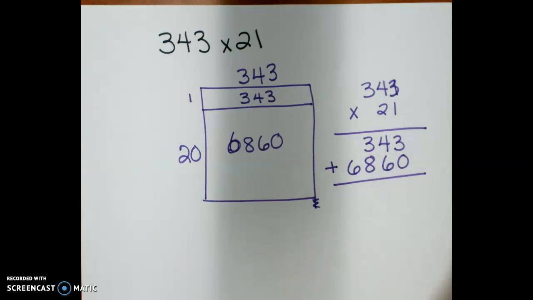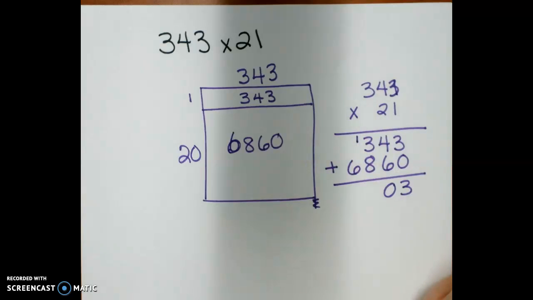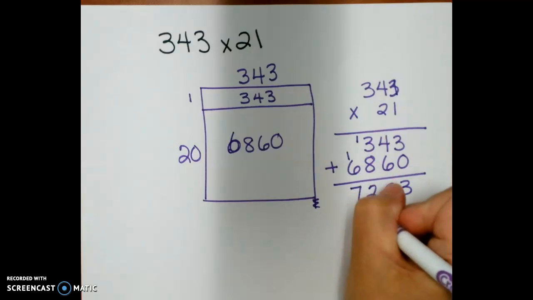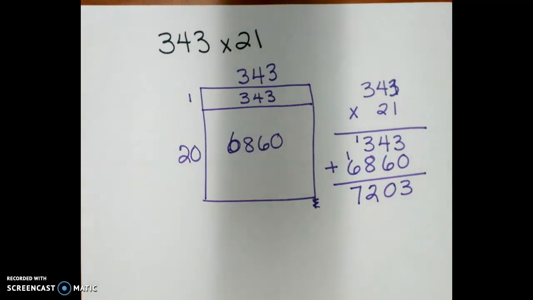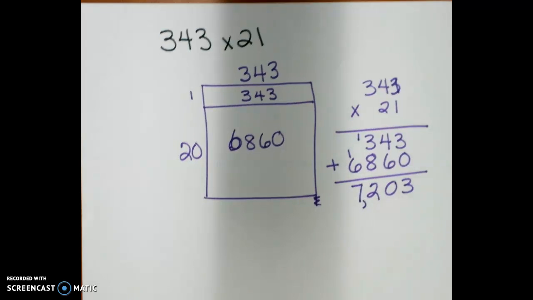And when I add the two of them together, I get 3, 0, regroup the 1. 1 plus 3 is 4. 4 plus 8 is 12. I need to regroup 1. And then 1 plus 6 is 7. So I get 7,203.